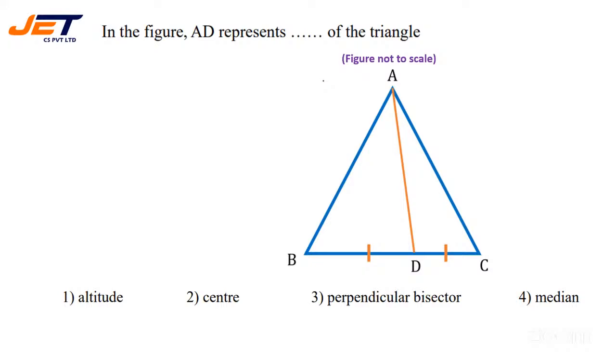So median is a line which touches one side of the triangle, right? So here if you see AD is the one which touches one side of the triangle, that is BC.